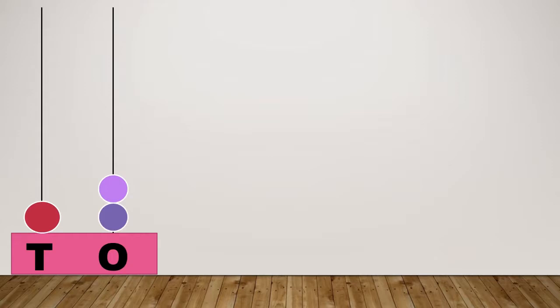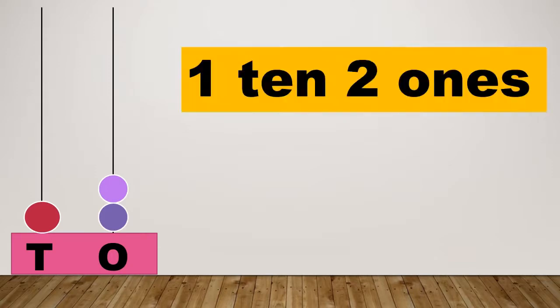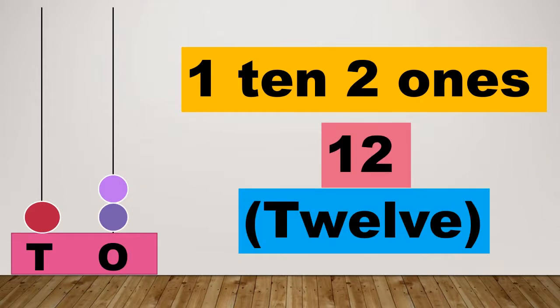And how many beads in tens place? 1. So, 1 ten and 2 ones. 1 ten, 2 ones makes 12. TWELVE, 12.